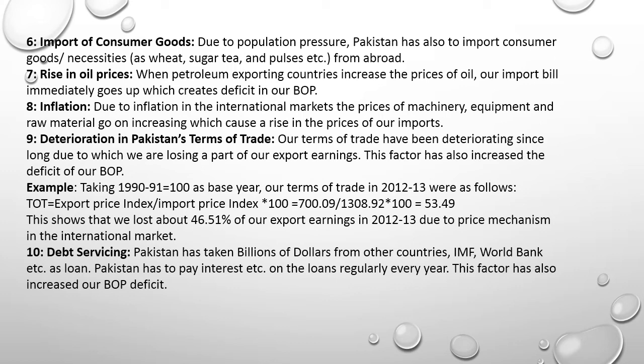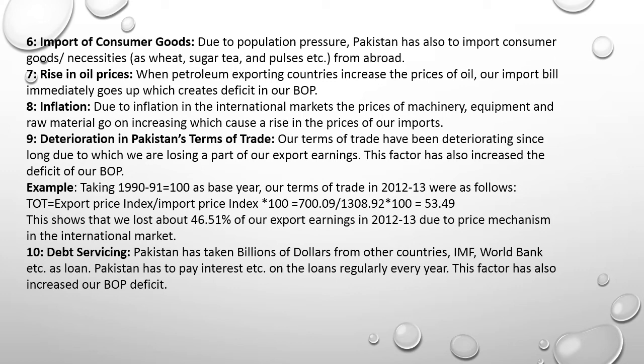These indices are calculated according to statistics, and we compare them by fixing a base year equal to 100. Now, if in 1990-91 our index was 100, then in 2012-13 our index came to 53.49.